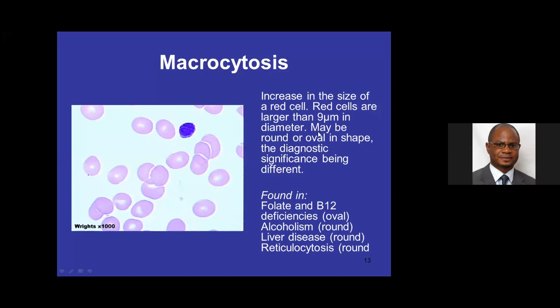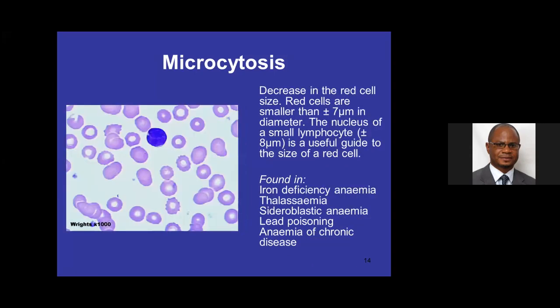The red cells are larger than 9 microns in diameter, maybe round or oval in shape, the diagnostic significance being different. Found in folate and B12 deficiency, alcoholism, liver disease, and reticulocytosis.